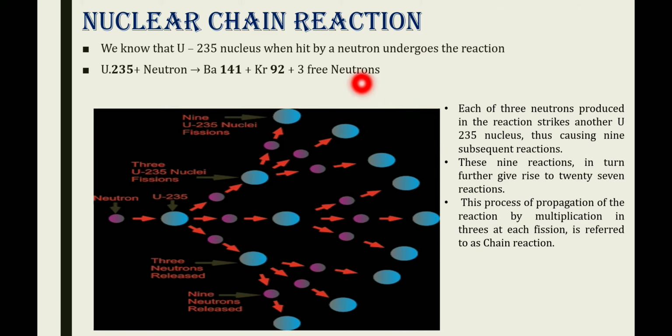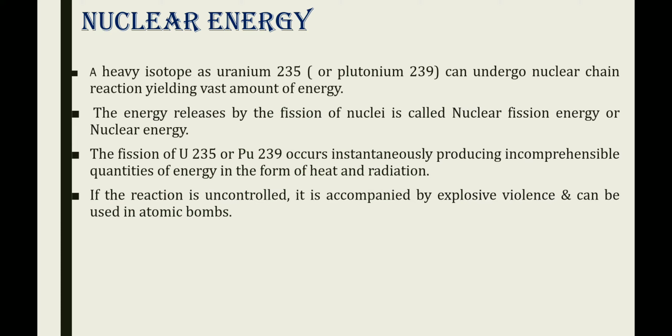Again these neutrons hit back on uranium 235, releasing a huge amount of energy along with 3 free neutrons. So this is like a chain process. The propagation of the reaction by multiplication in 3s at each fission is referred to as a chain reaction process. Getting my point? So next bit is nuclear energy.